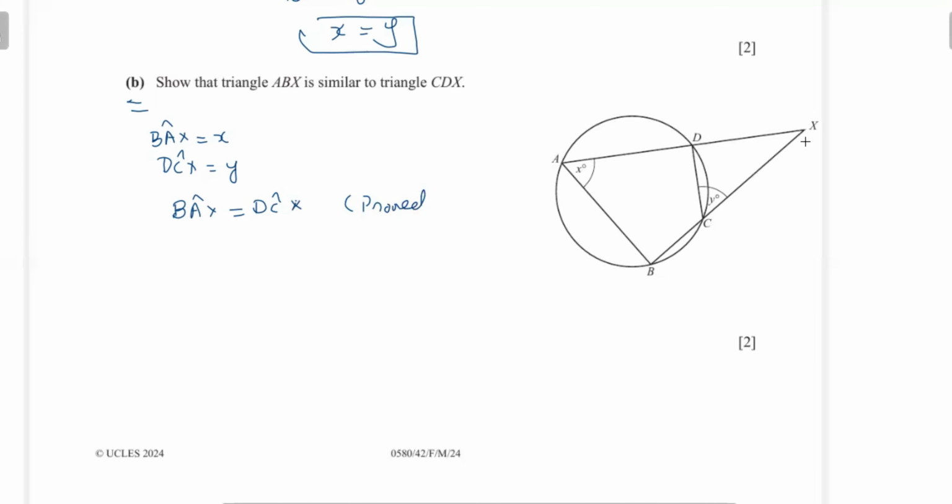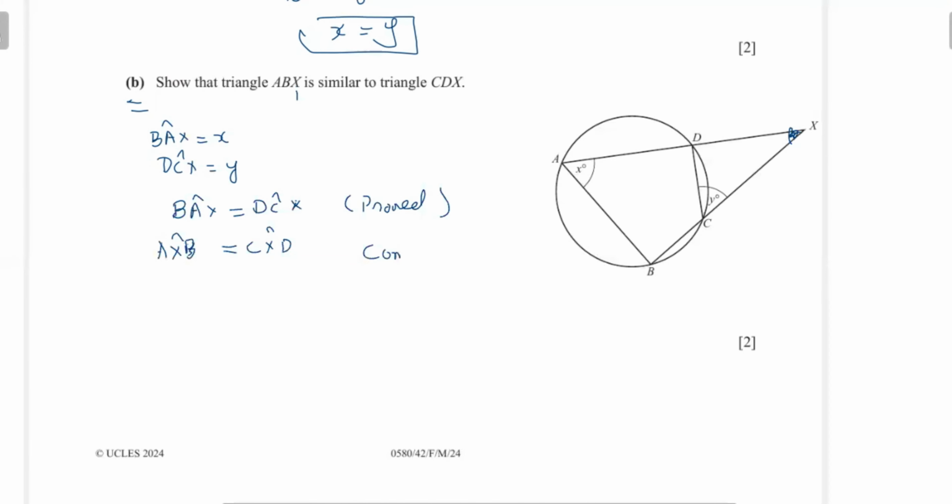Next is the angle in triangle ABX. We name it AXB. And for triangle CDX, the angle name will be CXD. And these both angles will be equal because this is the common angle.